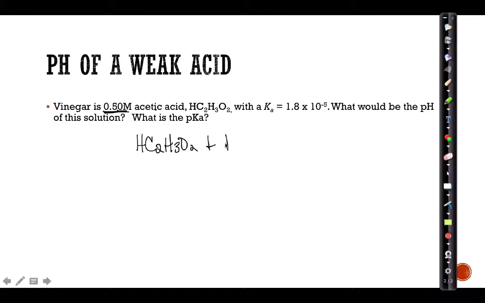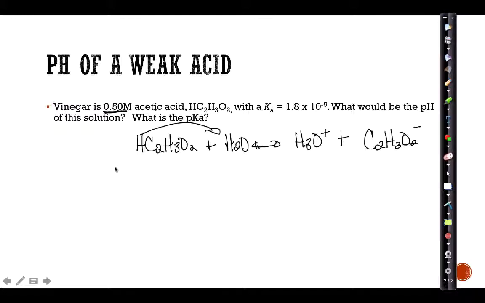So if I put this into water, I'm going to make, and this is true of any weak acid, that hydrogen that's on the acid will go off and make hydronium, and then we're going to be left with this C2H3O2 with a -1. So that's my acetate ion.